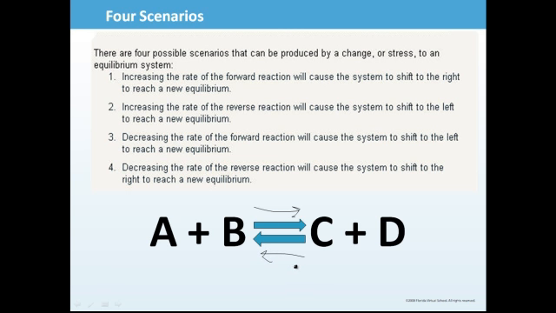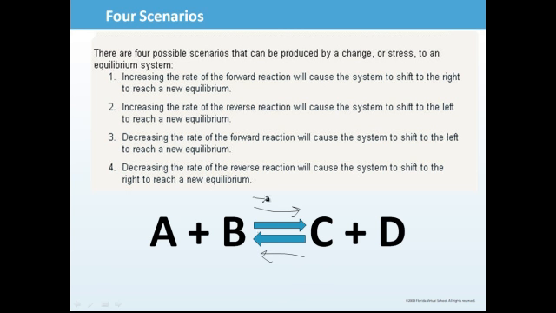Now we could also do a decrease. Alright, so we represent decreasing with a smaller arrow. So if I decrease this forward reaction, then what's going to happen is the reverse reaction is going to compensate for that. So that's actually going to cause a shift to the left.